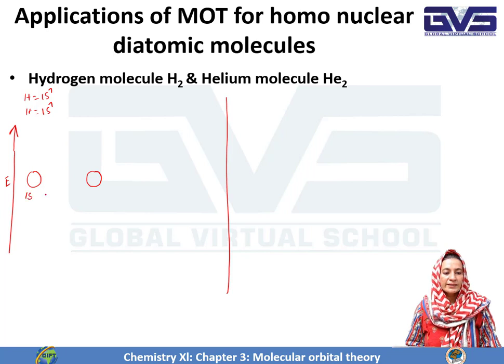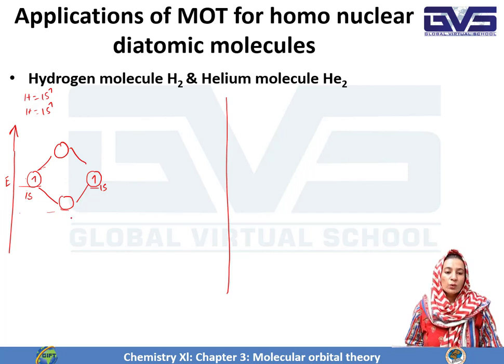This is 1s, this is 1s. They have 1 electron in each. This is from one hydrogen, this is from the other hydrogen. Atomic orbitals overlap to form molecular orbitals, and their number is the same. So those 2 atomic orbitals combine to form 2 molecular orbitals. Out of them, half, that is 1, will be at lower energy than the parent atom, and the other half will be at a higher energy level than the parent atoms.